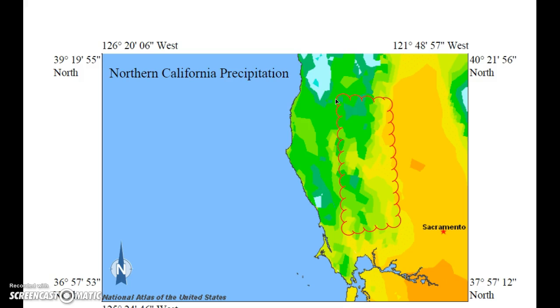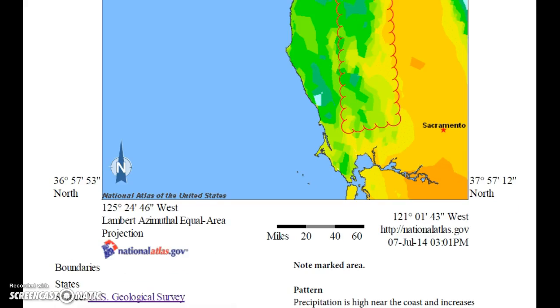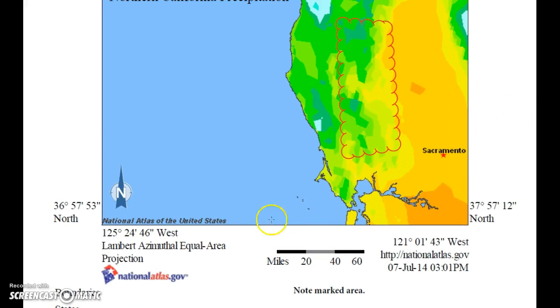I'm beginning with the local map. This is Northern California; I've titled it Northern California Precipitation. Notice that we do have a scale bar, and we have a north arrow.